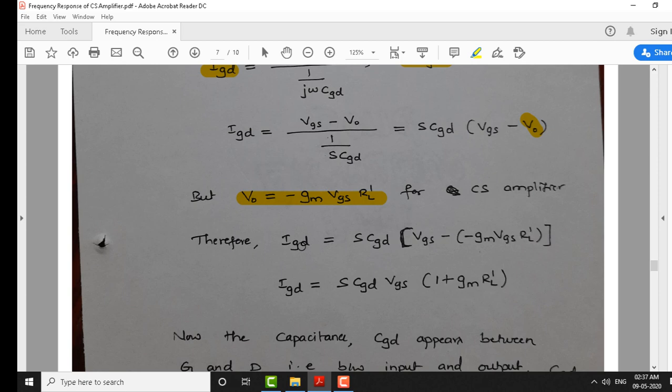Therefore IGD equals S times CGD into VGS minus the output voltage, minus GM times VGS times RL dash. On simplification, the final equation for IGD is S times CGD times VGS multiplied with 1 plus GM times RL dash.